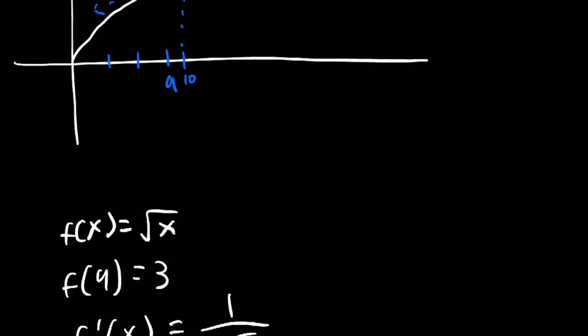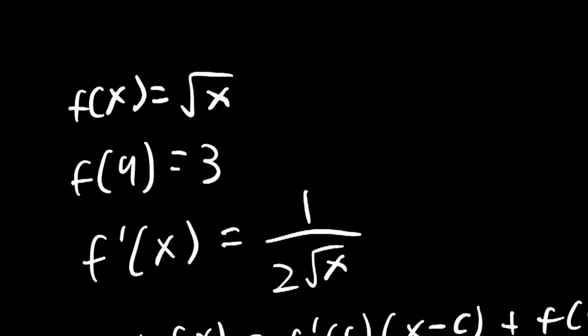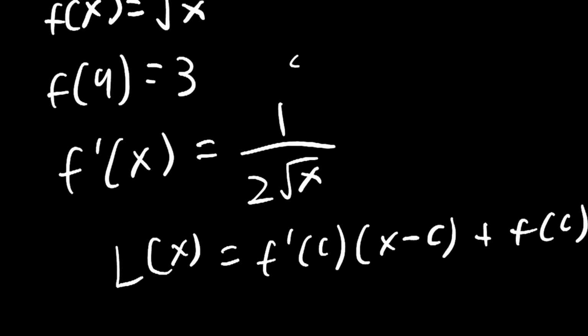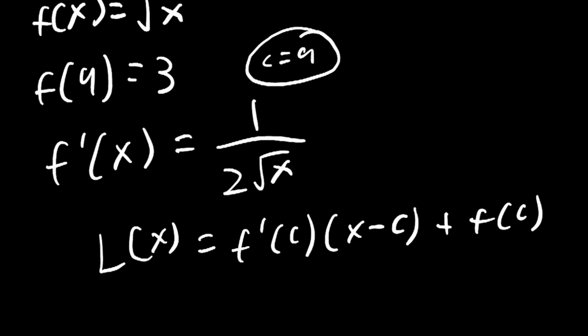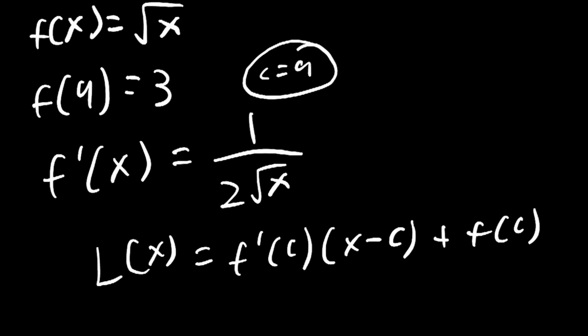It's, in this case, 9. The c up here was 9, and it's going to be the c down here. So c is equal to 9. Just remember that. c is the point close enough to the actual point that we want to know that we're going to use the tangent line on to pretty much guess.